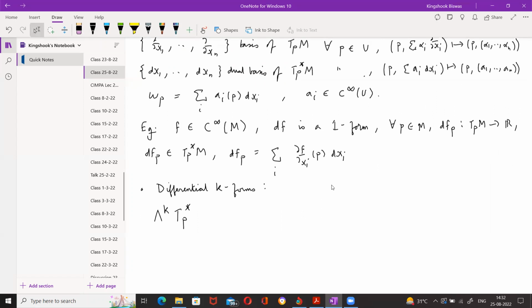This is the same as the space of alternating k-multilinear functions on the tangent space, right?